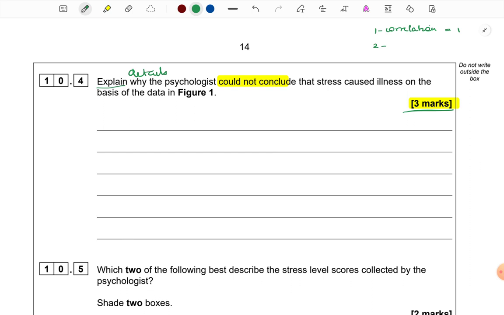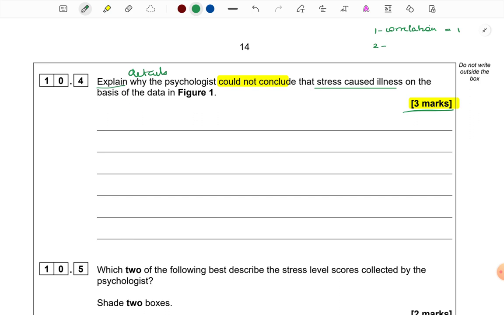One is to give a third variable, which could be the underlying reason for an increase in both the variables. Students are very poor in answering in this way. So I would suggest against that, because you would have to give some common variable between stress and illness as an example that would show that a third variable could be underlying increase in both.